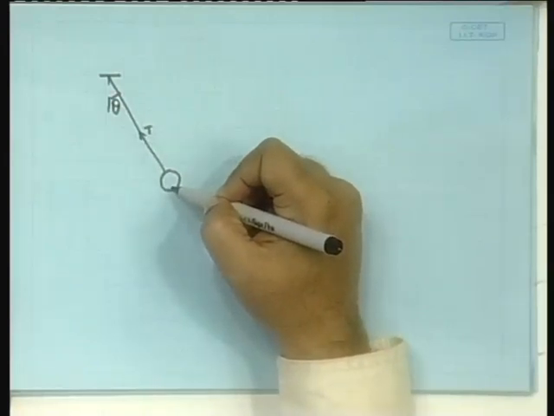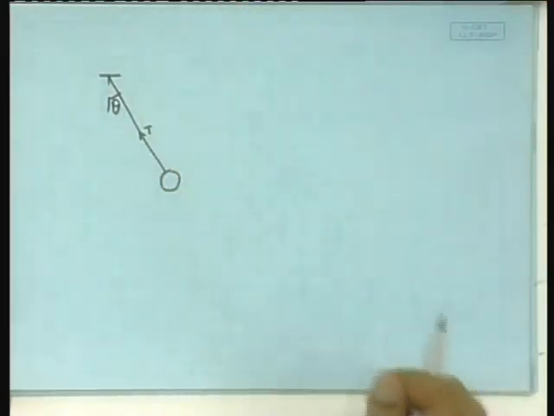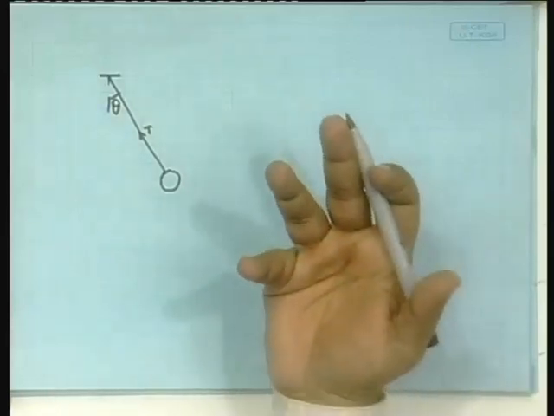But now in the Lagrangian way we will not bother about it at all. Why? Because that is a constant force and we have eliminated the constant force altogether from the formulation. So, we will forget about it.